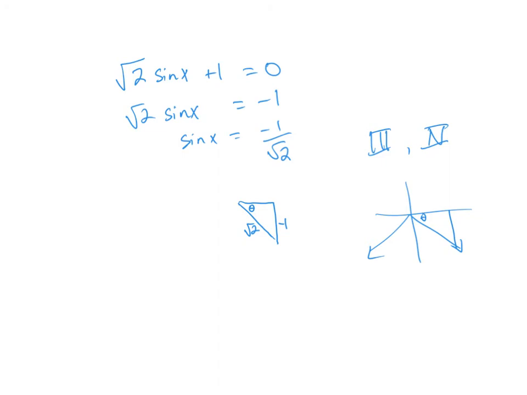If I represent this in radians, this gives me 7 pi divided by 4. If I went off, had a circle, went all that way, and then the other one would be pi over 4 past pi, so that would be 5 pi over 4.